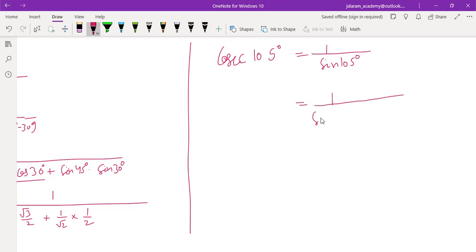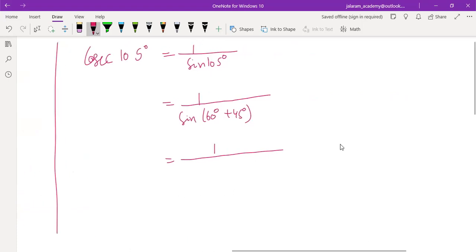So we write 1 upon sin 60 degree plus 45 degree, and sin A plus B equals to, what is the formula for sin A plus B?